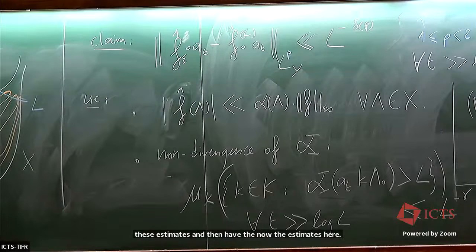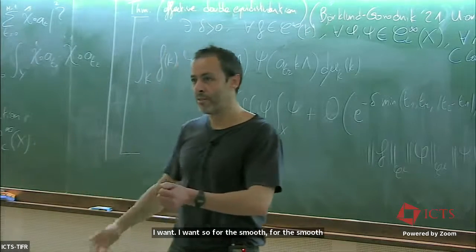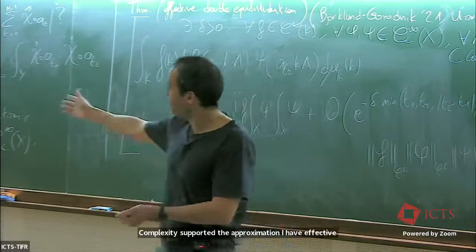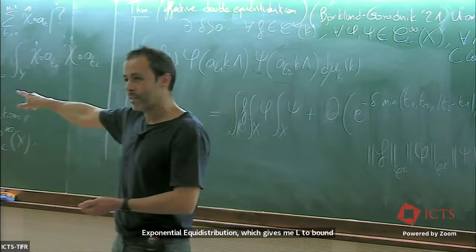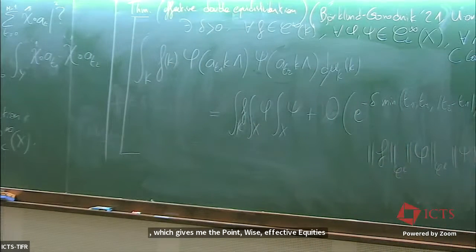So for the smooth compactly supported approximation, I have effective exponential equidistribution, which gives me an L2 bound, which gives me the pointwise effective equidistribution. And for the errors coming from the approximation, I have these non-divergence estimates.